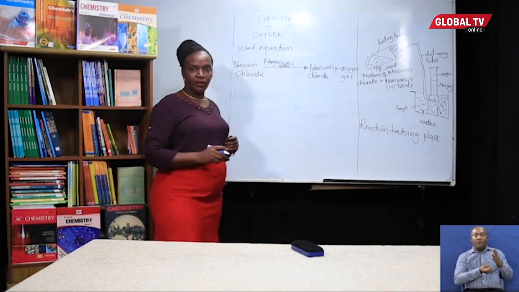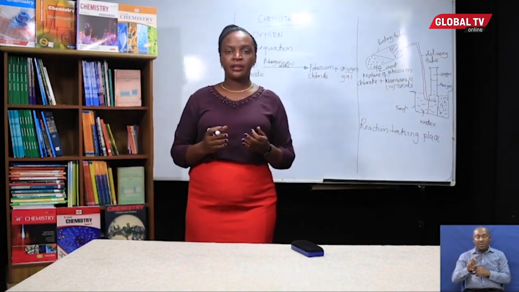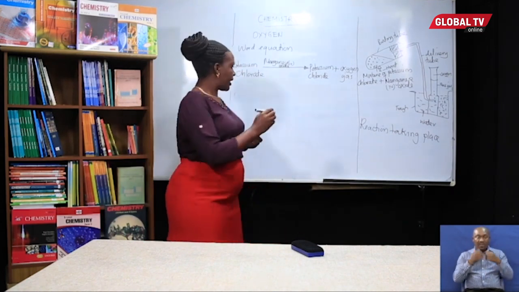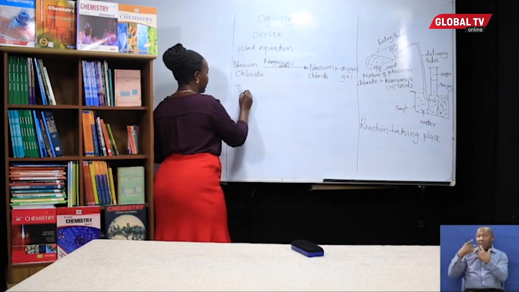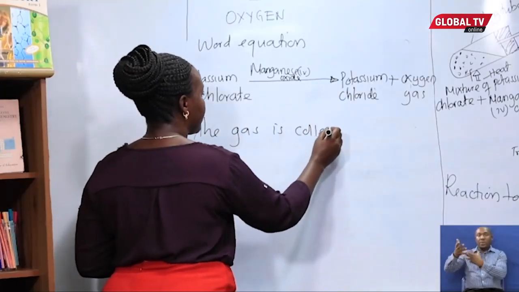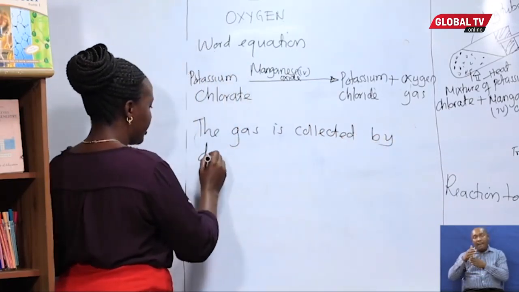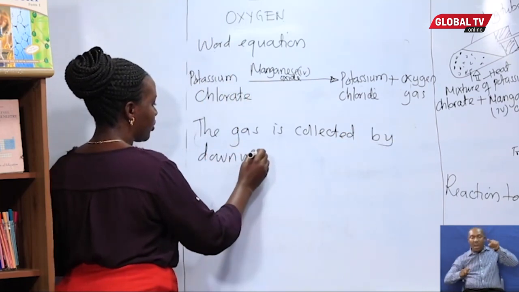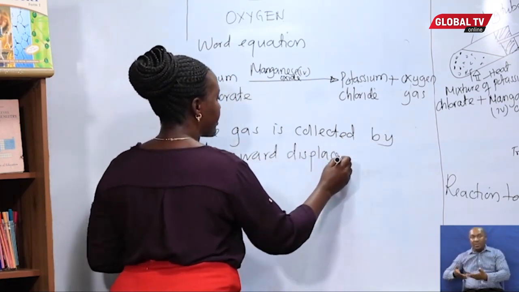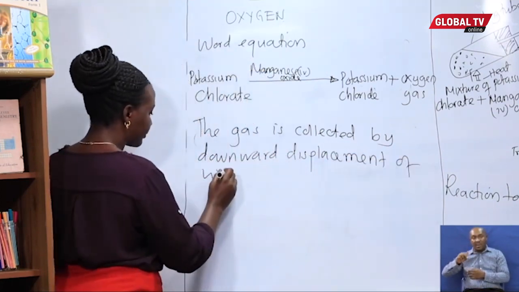Now we have collected the oxygen gas we want. What is the method for collecting this gas? The gas is collected by downward displacement of water.